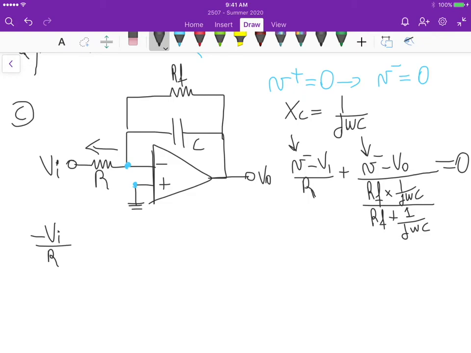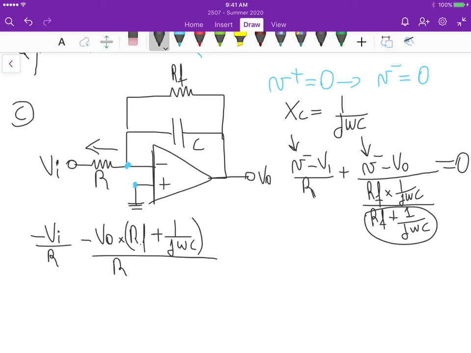And then we have minus V out, and then this term on the denominator goes up there multiplying, so it's times RF plus 1 over j omega C divided by RF times 1 over j omega C, and that's equal to 0.